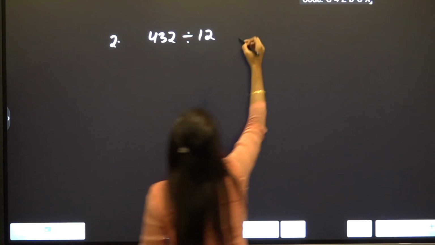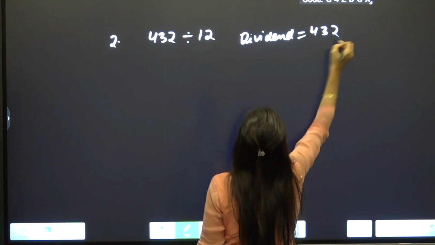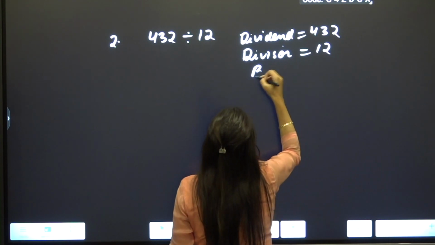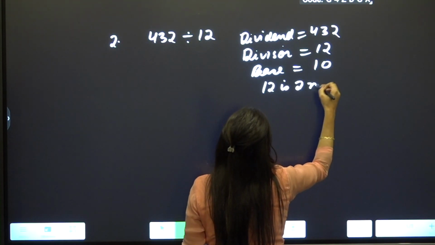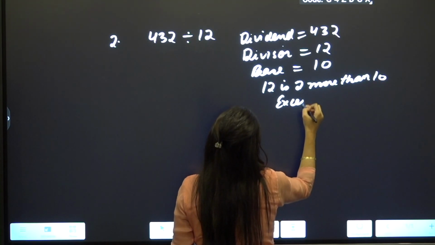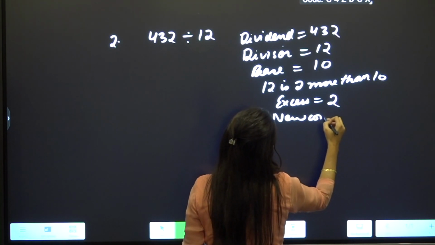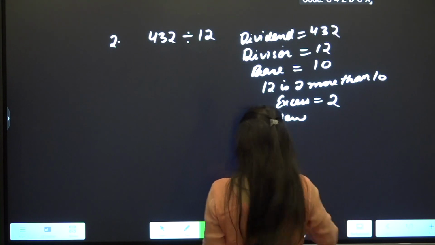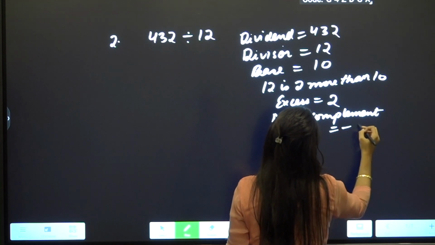Here the dividend is 432, the divisor is 12, and the base is 10 because 12 is closer to 10. 12 is 2 more than 10, which is the excess, and the new complement is minus 2.